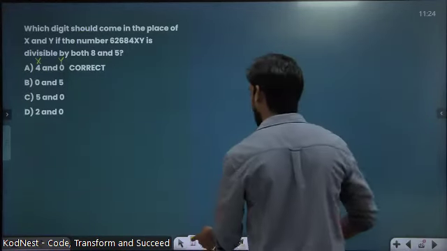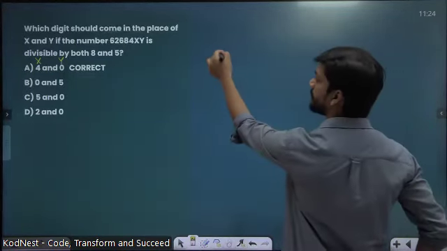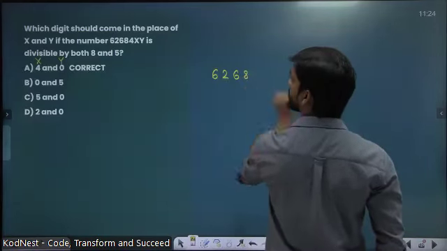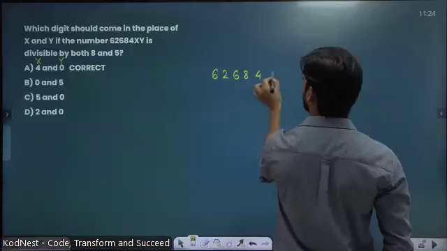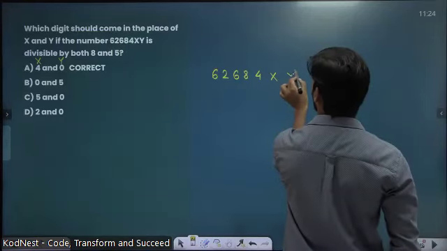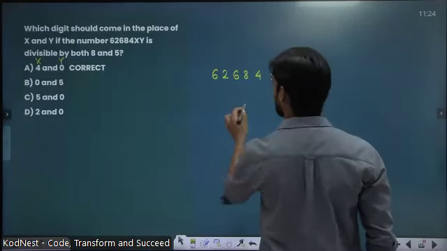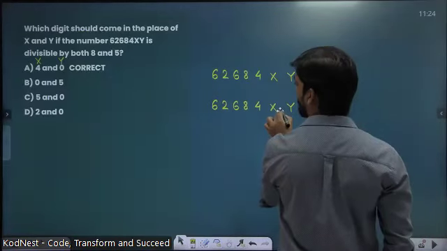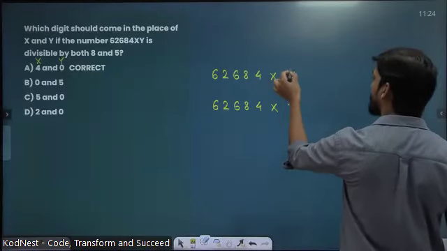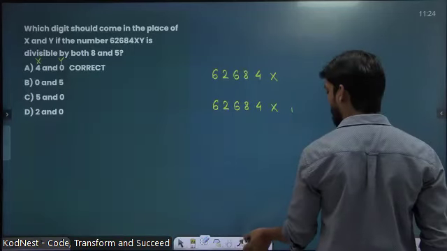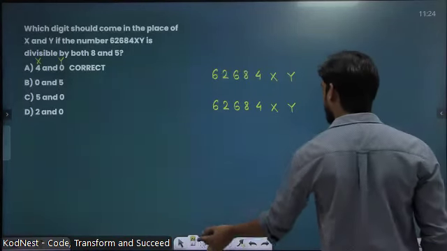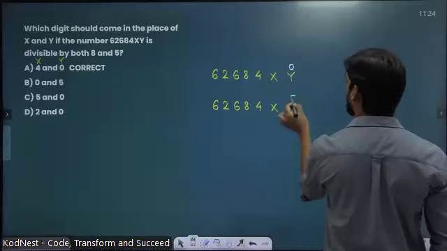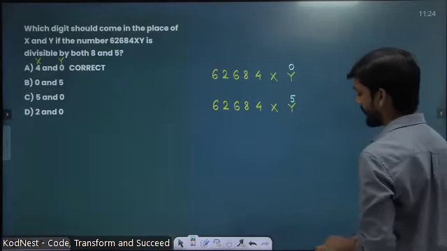So the last place should be either 0 or 5.